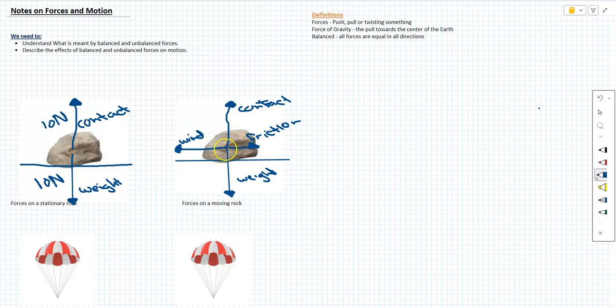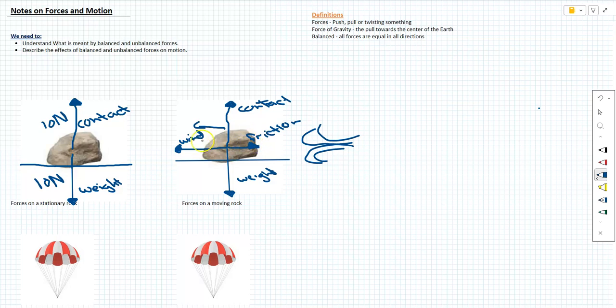But can you see that the wind force is bigger or greater than the friction force? And that is why this rock is moving forward. Okay, so the wind is blowing from behind, and the wind force is greater than the friction.